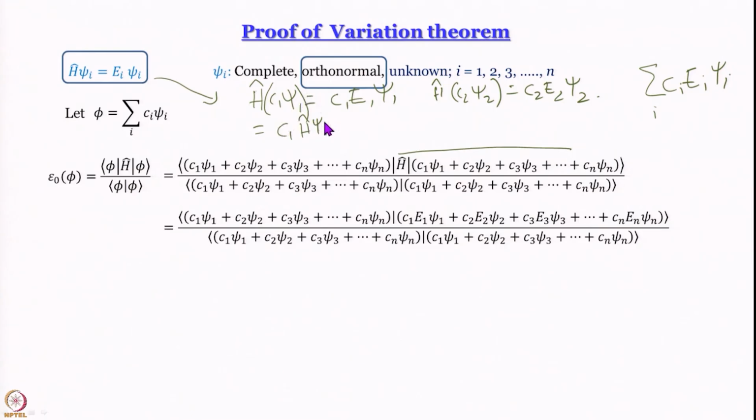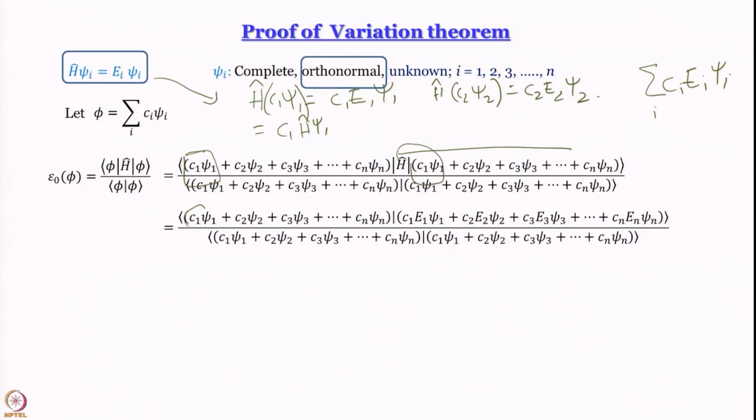So, what happens when I try to simplify this numerator or denominator a little further? First, let me take this term Ci psi I and this.